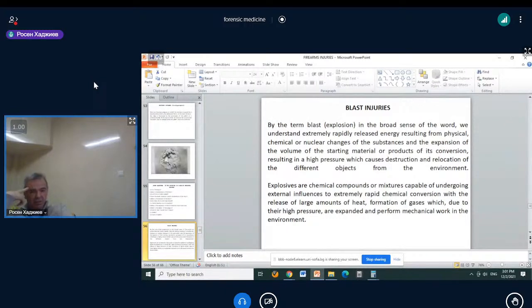Explosives are chemical compounds or mixtures capable, under external influence, of extremely rapid chemical conversion.